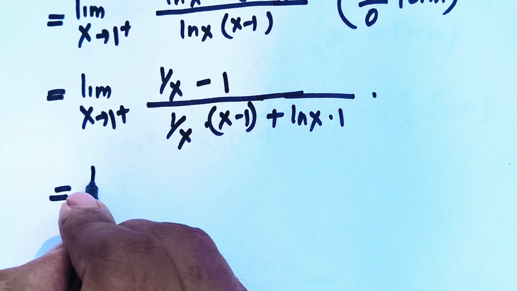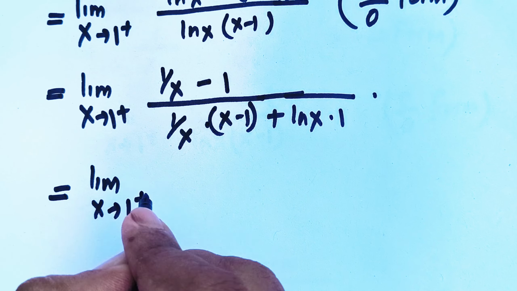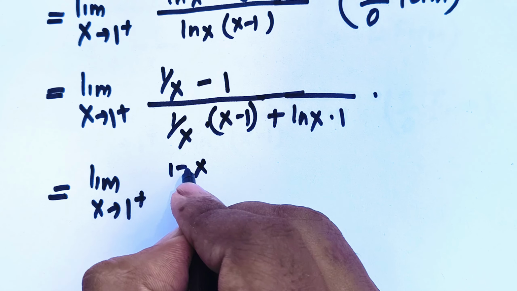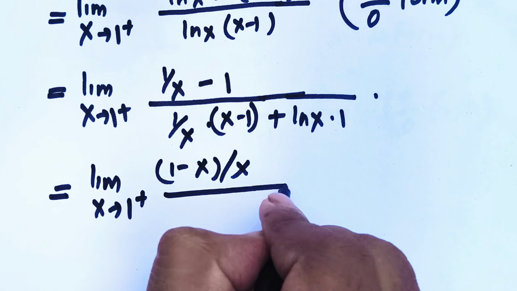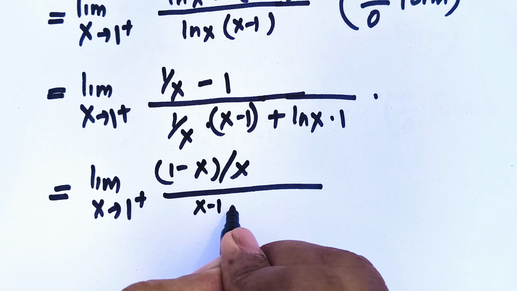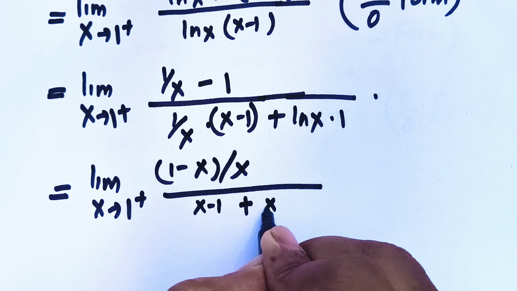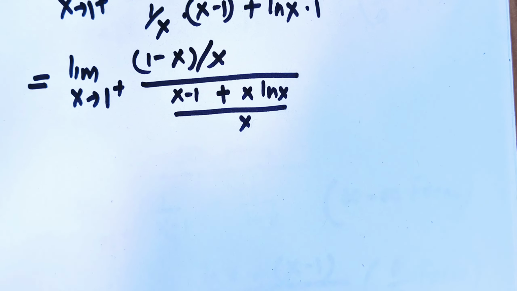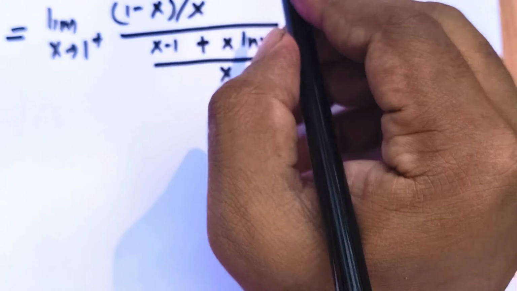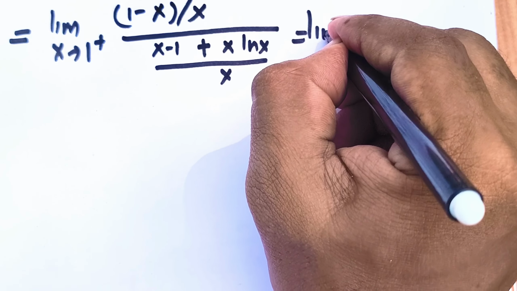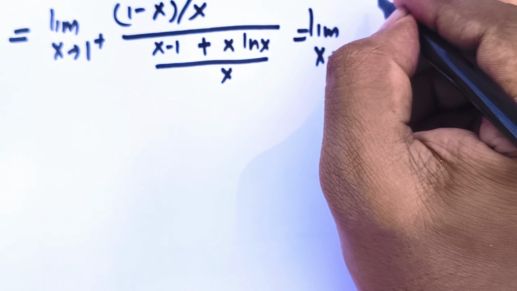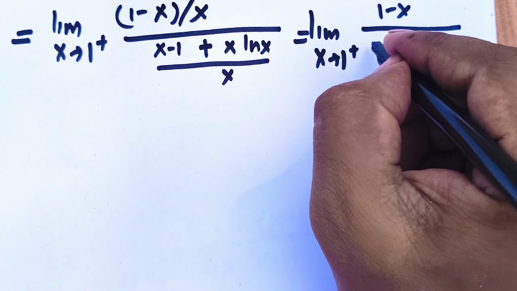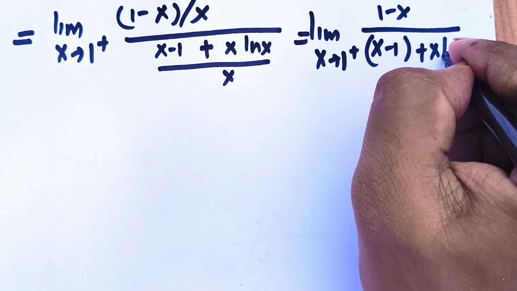So what we have on top is 1 minus x whole divided by x, and in bottom we have x minus 1 plus x times ln x whole divided by x, and these two x can be cancelled. So this becomes limit x goes to 1 plus, 1 minus x divided by x minus 1 plus x times ln x.